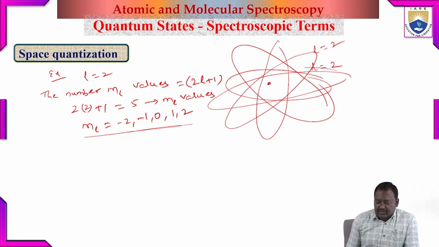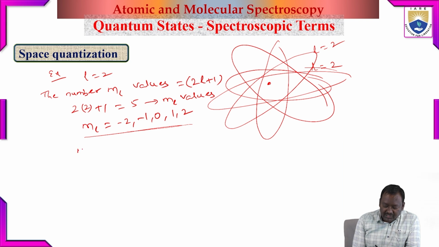Okay, so let us see how these directions are represented or how these quantum numbers are given. In general, if we want to represent the state of an electron, we need 4 quantum numbers, as discussed in the earlier lecture.